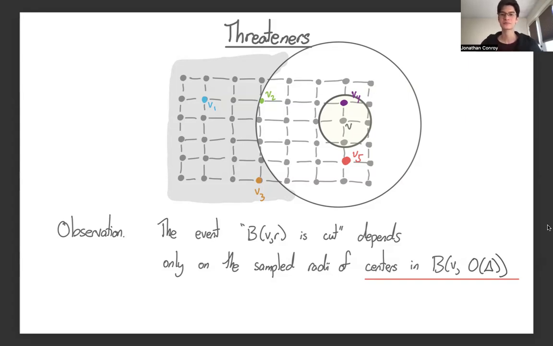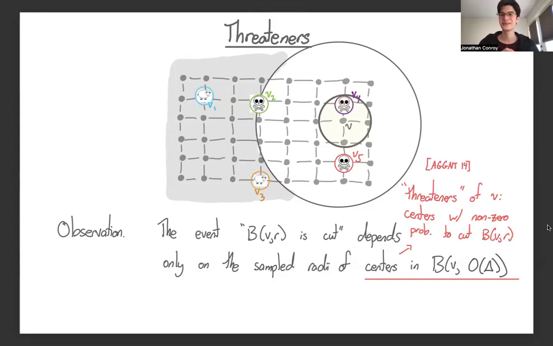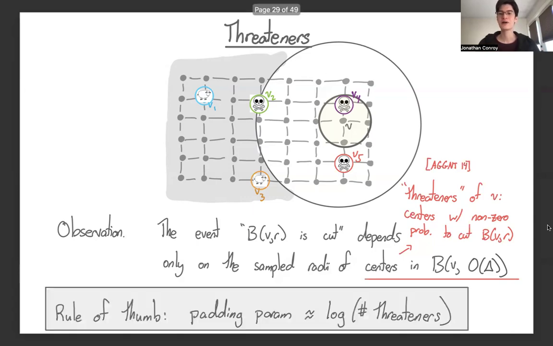Okay, so this motivates the following definition: for any vertex v, we say that the threateners of v are the centers that have non-zero probability to cut balls centered around v. One can use the ball carving argument to show that if you have a bound on the number of threateners, then you can get improved padded decomposition.